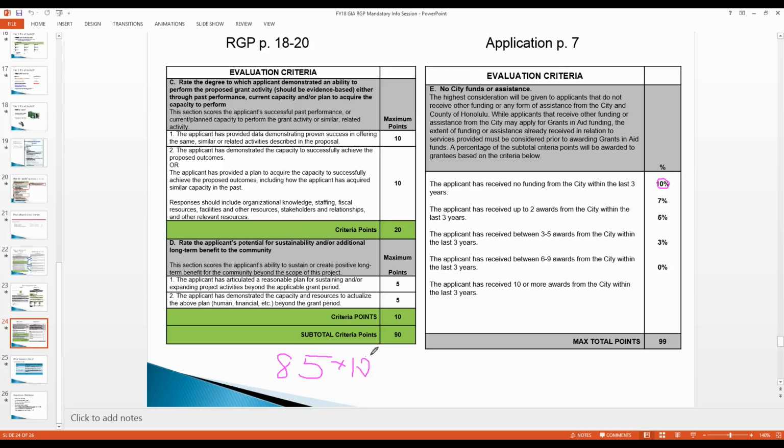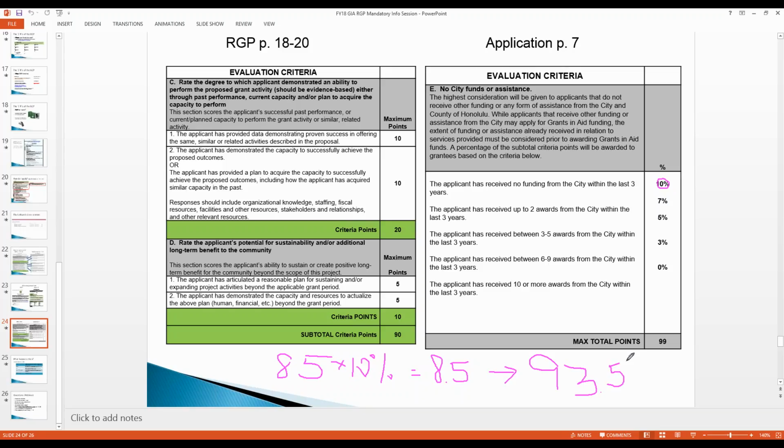You can get 10% of 85. So for section E, you'll get 8.5 points just because you didn't get any city funding for the last 3 years. This 8.5 will be added to 85, and your total application score is 93.5.